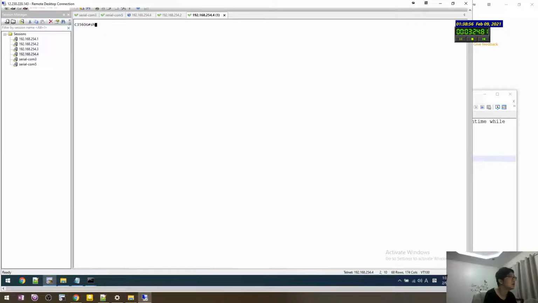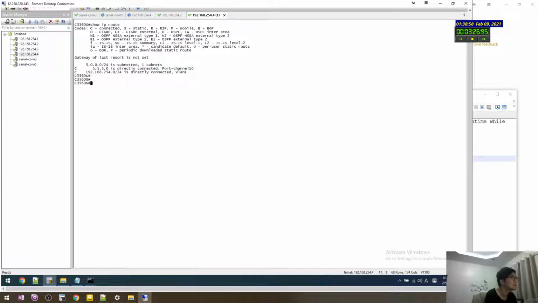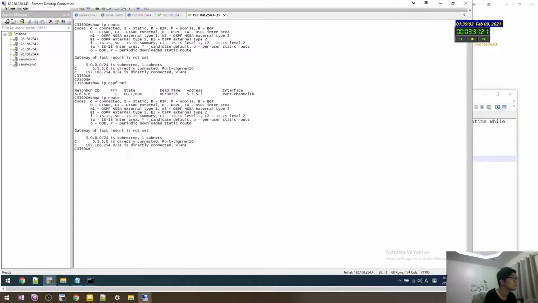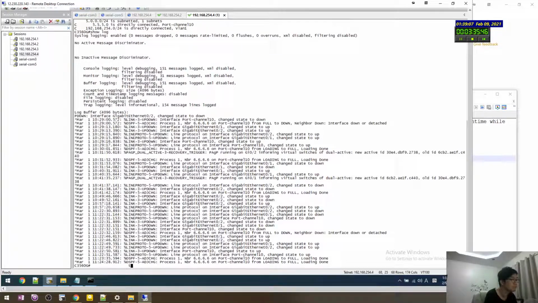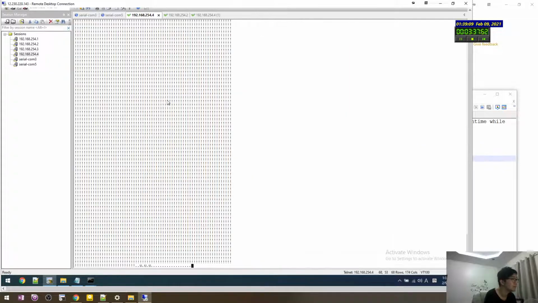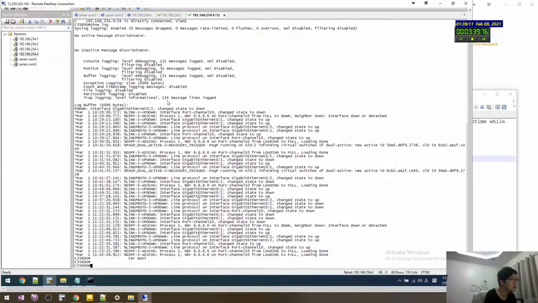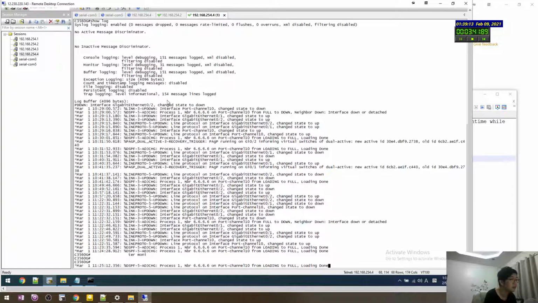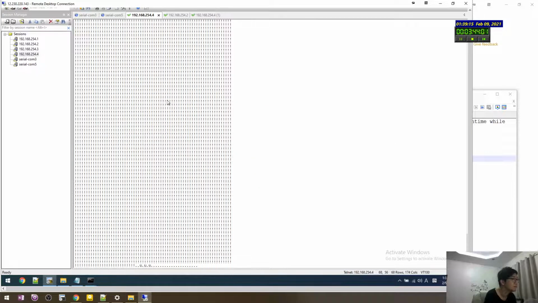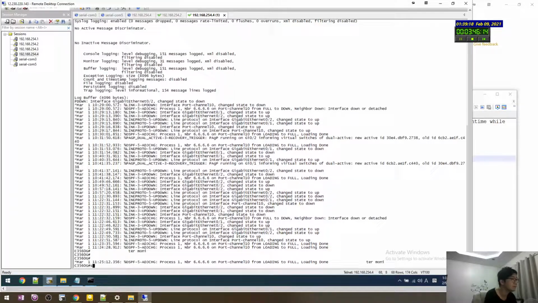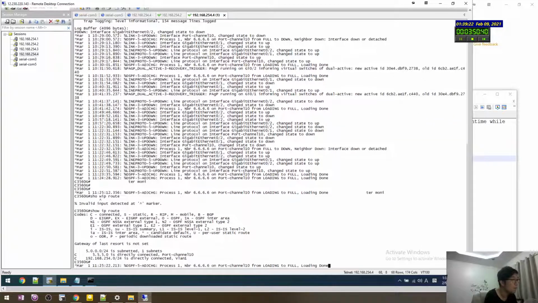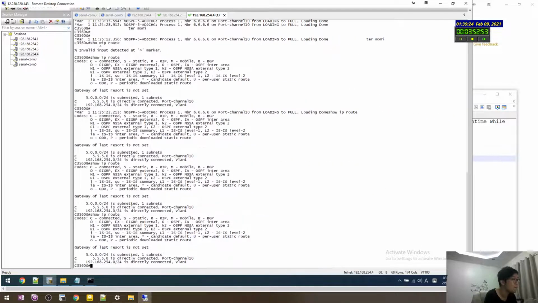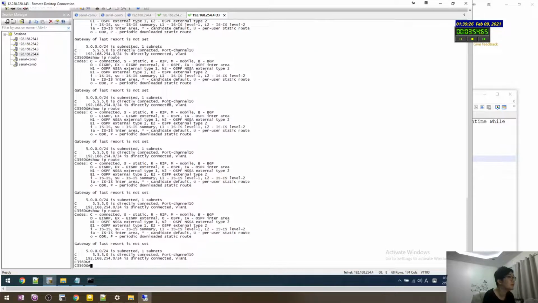Why is ping down? Yeah, this is one of the dual active issues.